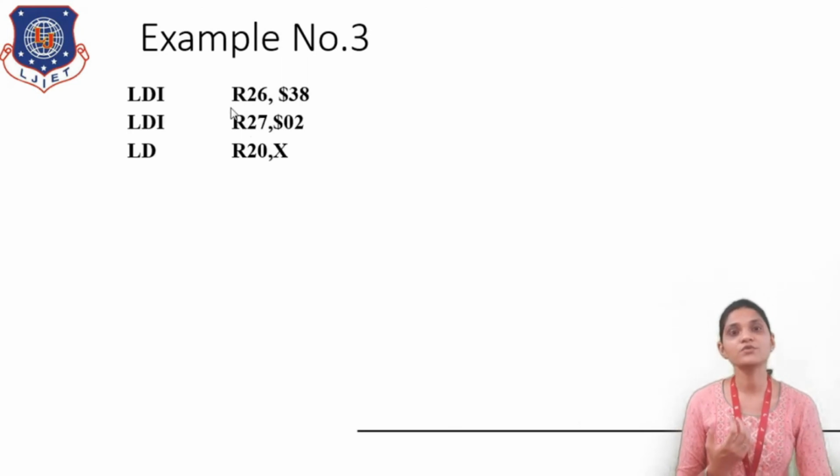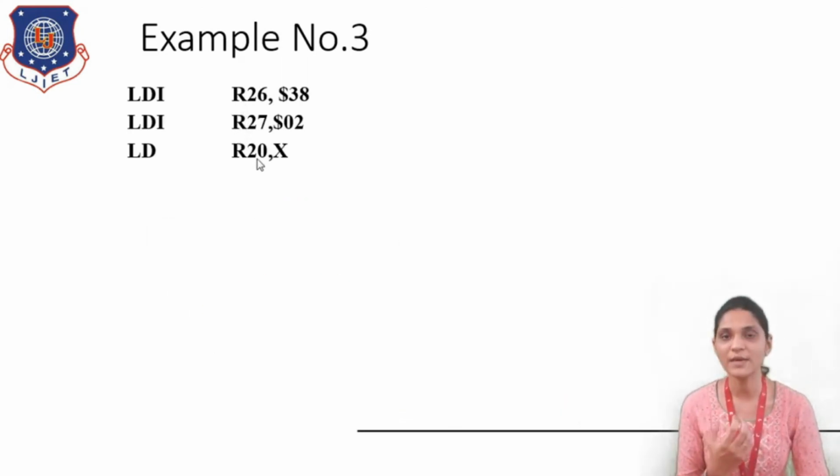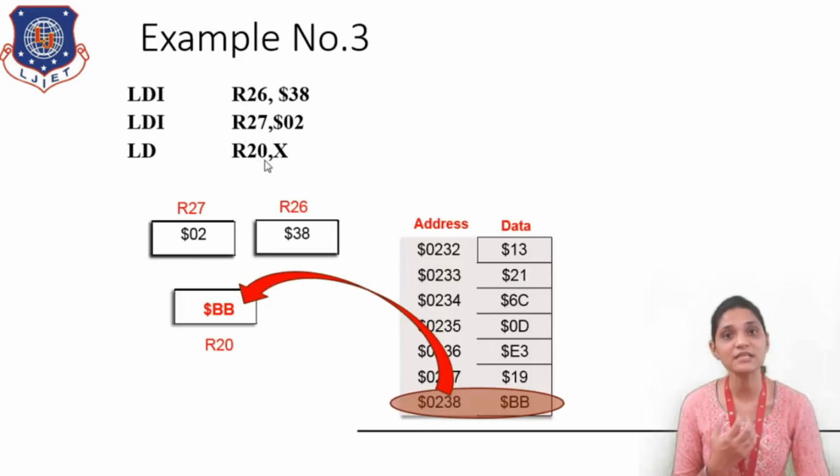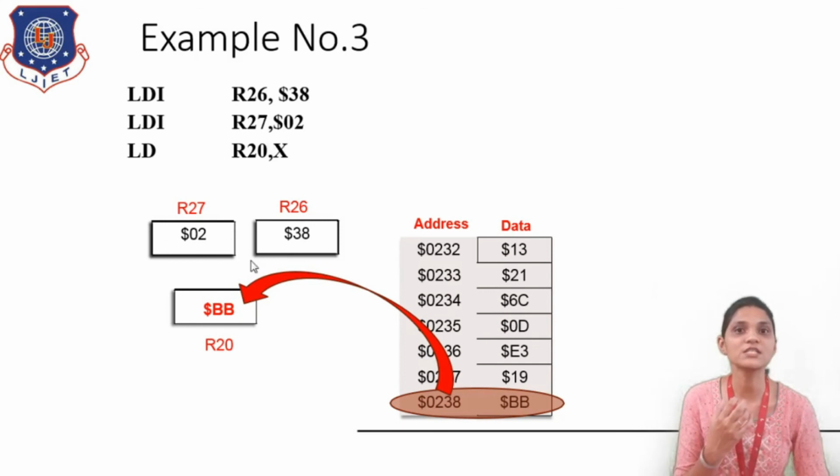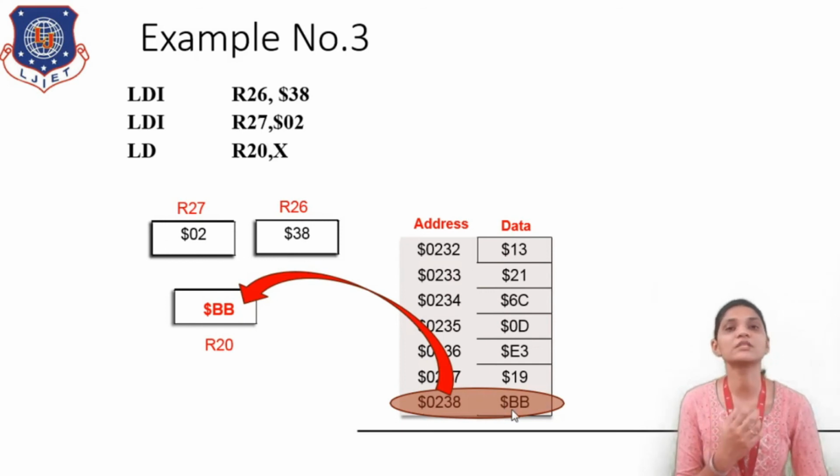Here we have used the register X, that is R26 and 27, combined known as the X register. 27 is the higher byte, 26 is the lower byte. So that content is 0238, and the content of register 20 is FB after execution, because at location 0238 you have stored the data FB. After execution, this FB is going to be stored at register 20.